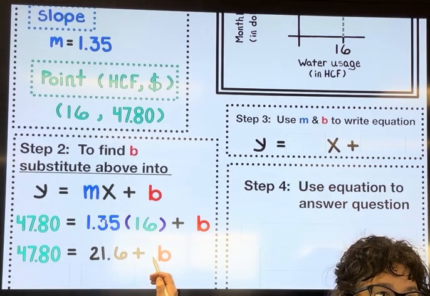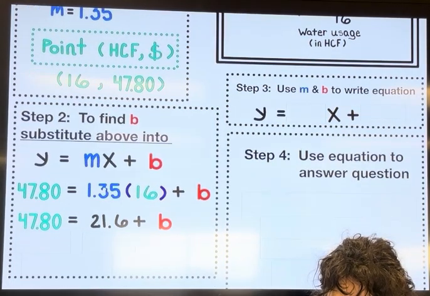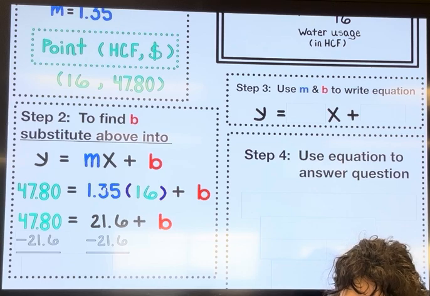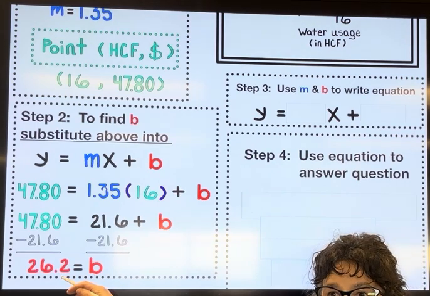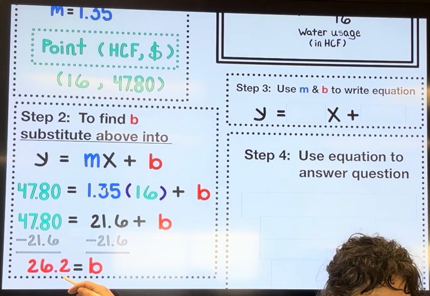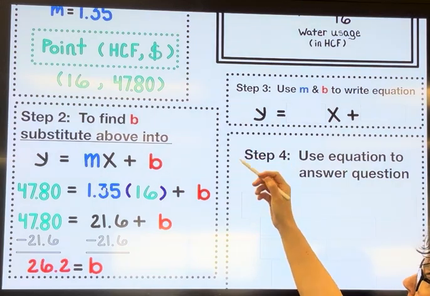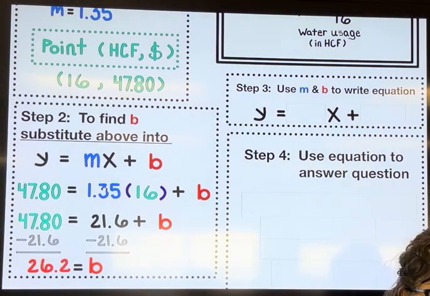To finish getting b by itself, we're adding 21.6. So I'm going to subtract 21.6. What I do to one side, I do to the other. And I find out that b is equal to 26.2. Now that I know m and I know b, I'm ready to write the equation of the line.